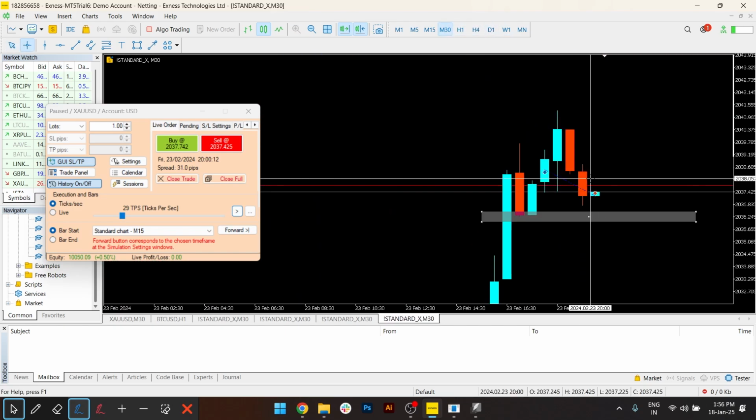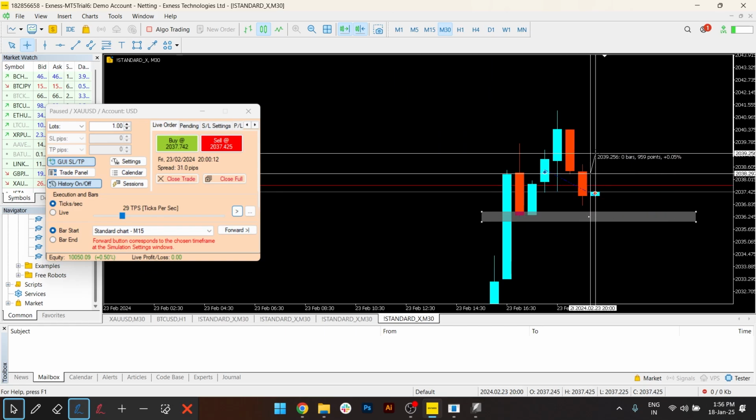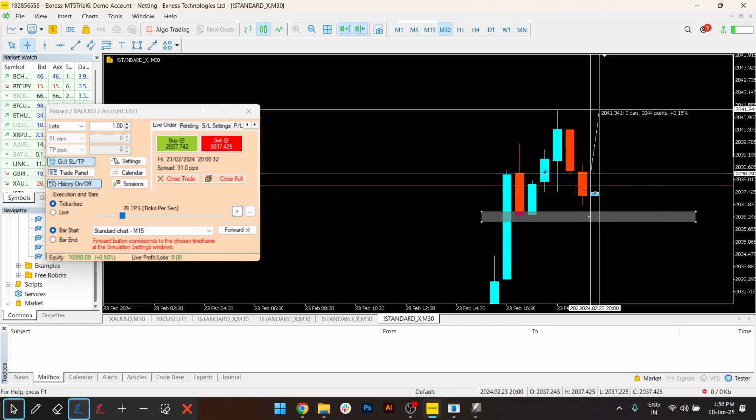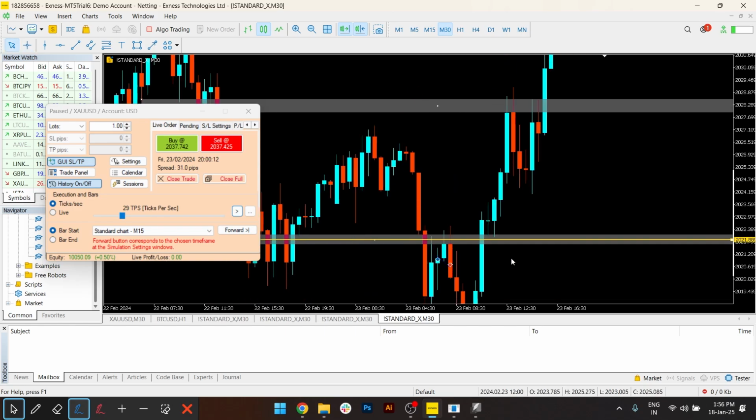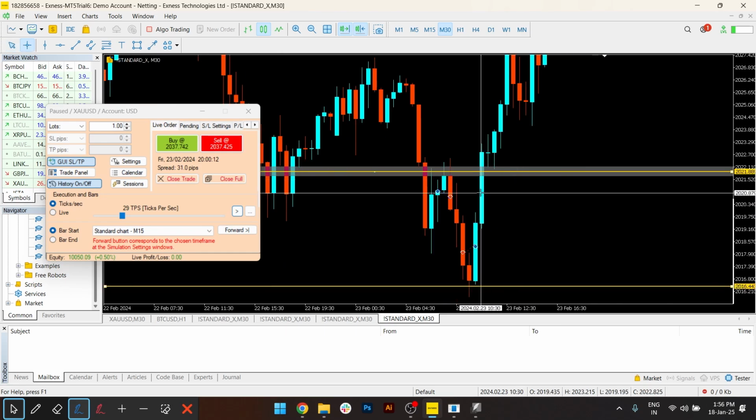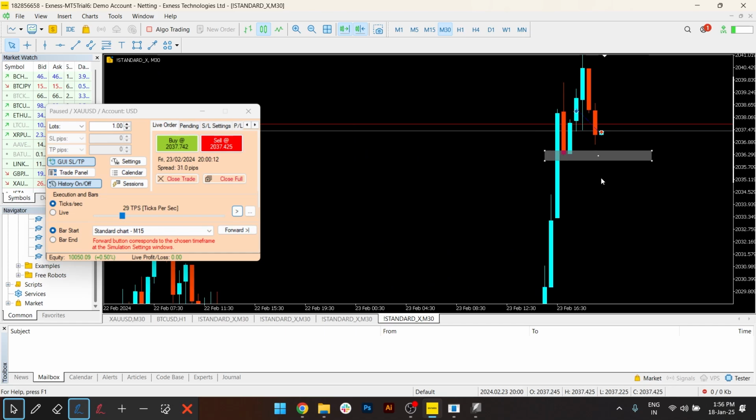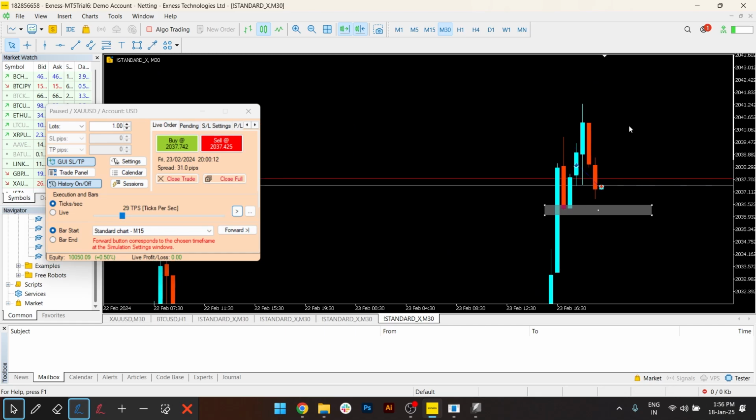Right, stick to your plan. If your plan says that I'm gonna take 15-20 pips, then easily you could have, see these 3 trades, this was a winner, this was a winner, and even this trade, this was just what you can call an experimental trade.